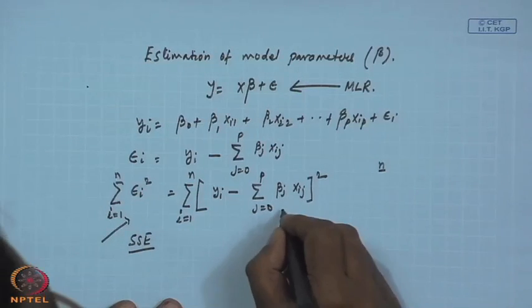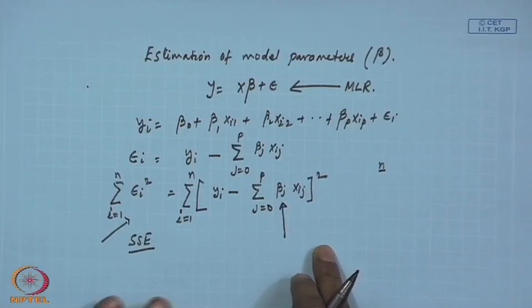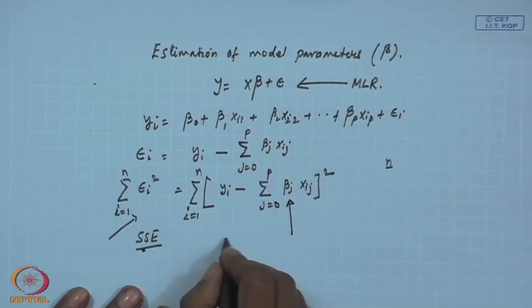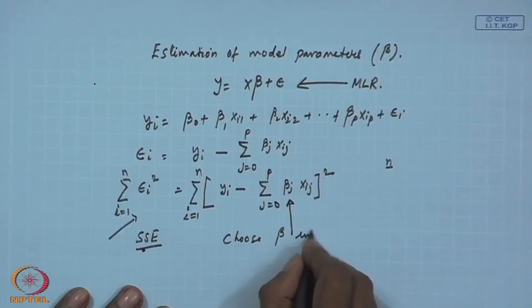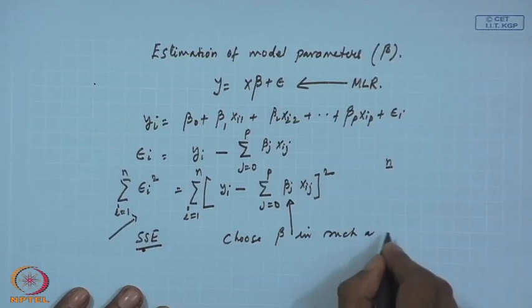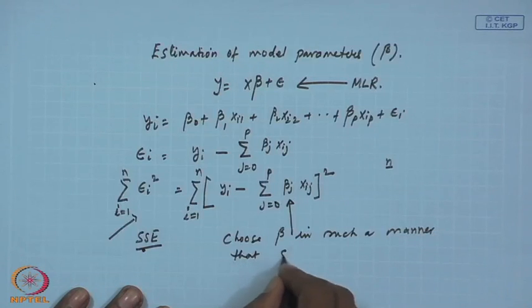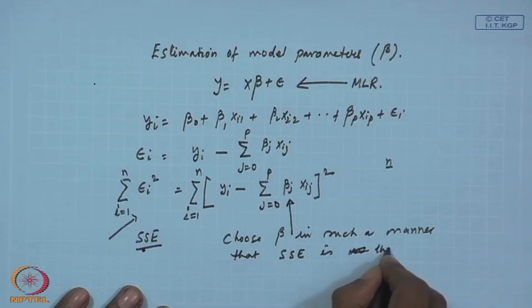Now, we will choose the beta j values in such a manner that SSE will be minimum. So, your ultimate optimization issue is here: choose beta in such a manner that SSE is the minimum.